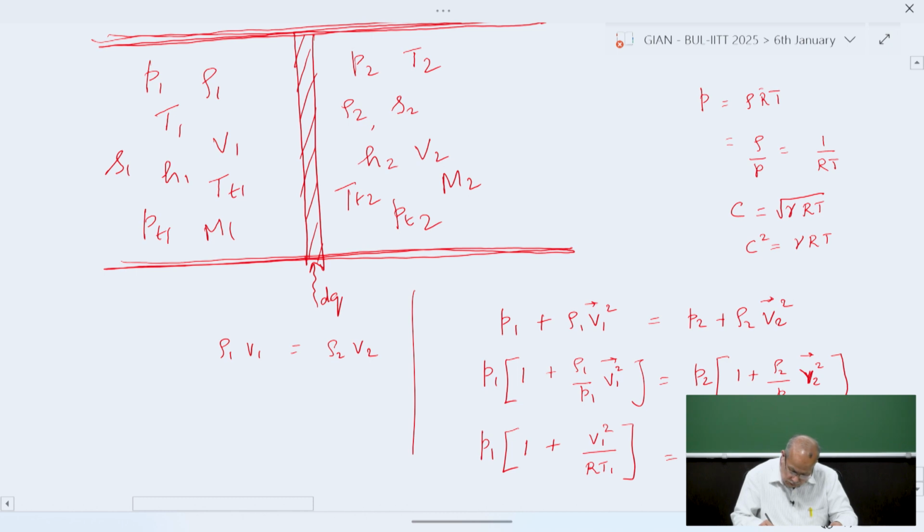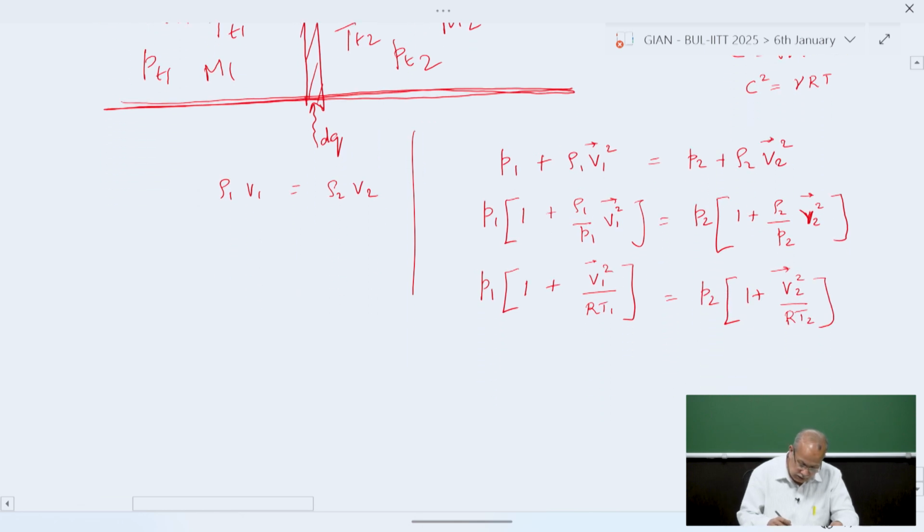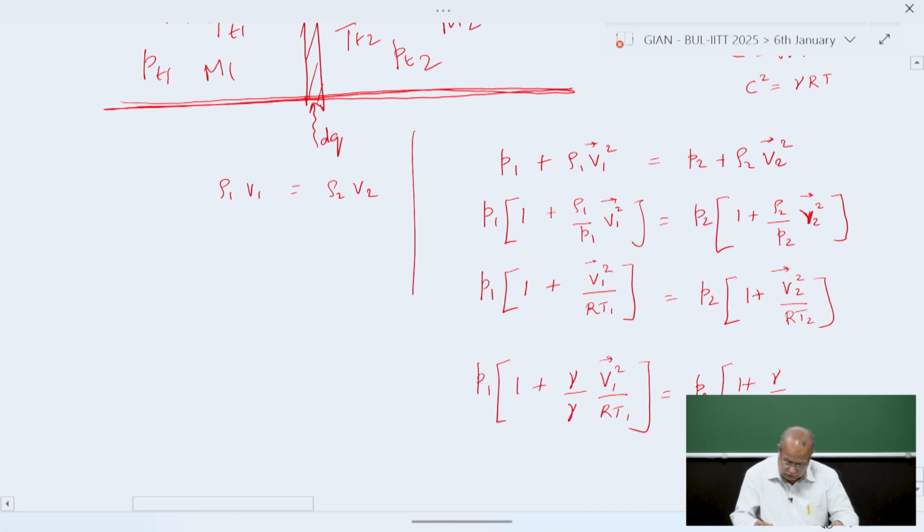That is equal to P2 into 1 plus, in place of ρ2 by P2, I can write 1 by RT2 times v2 square. So if I multiply gamma in both the numerator and denominator, P1 into 1 plus gamma v1 square by RT1 is equal to P2 into 1 plus gamma v2 square by RT2.